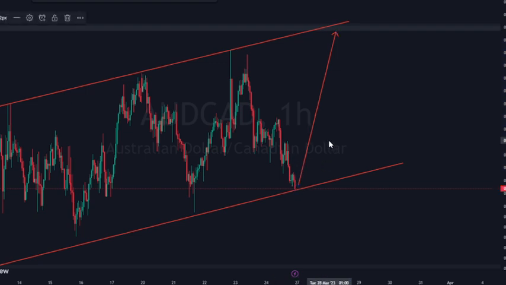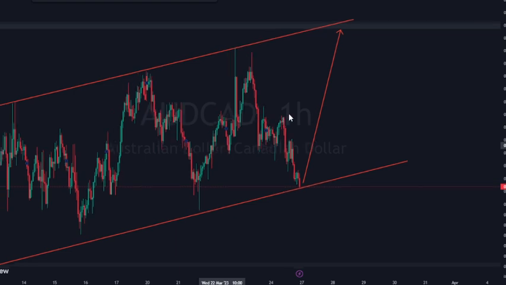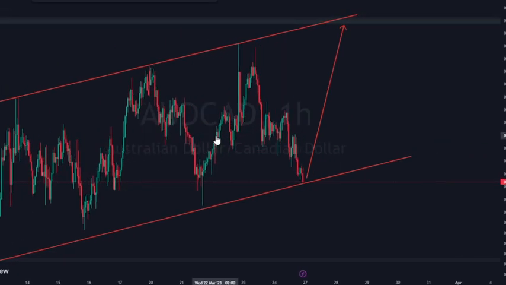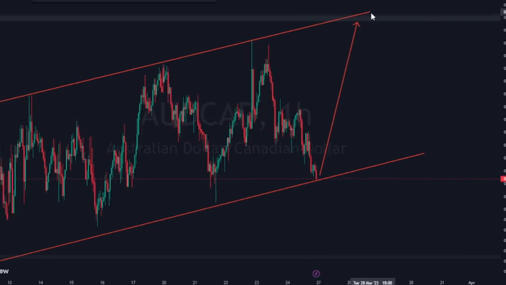Then it will give us that ascending pattern, reversal pattern. Looking for buys until those highs, and also if you can check, price is also in resistance rather. So you know, there's like double confluence.